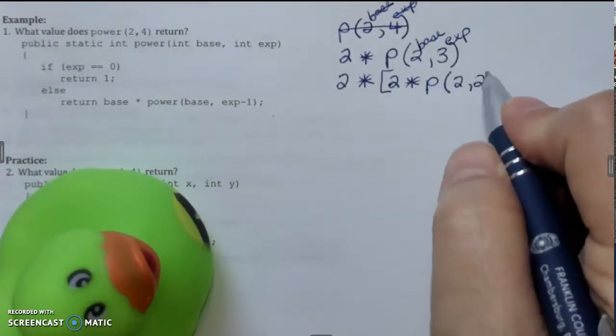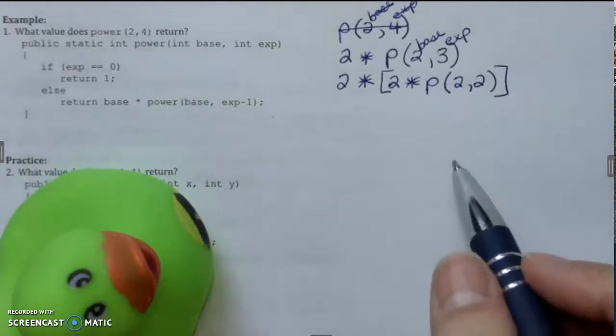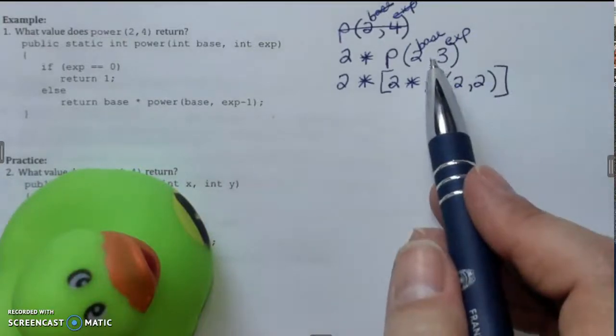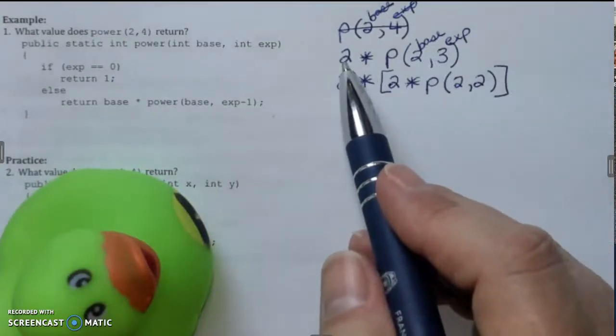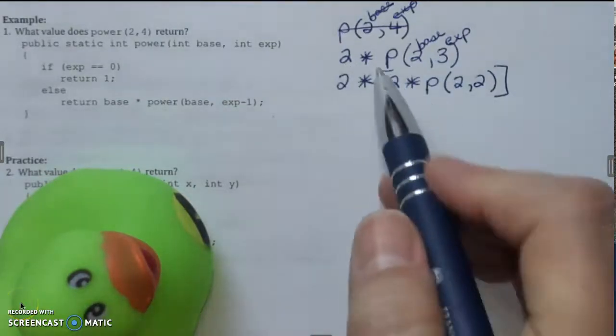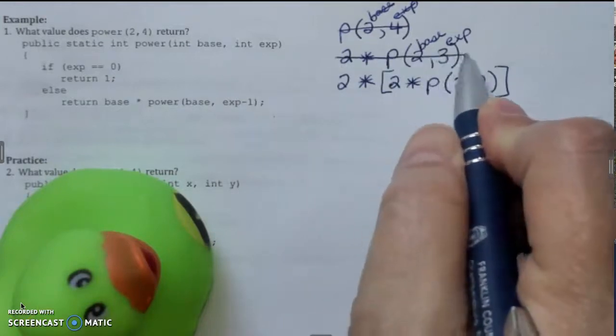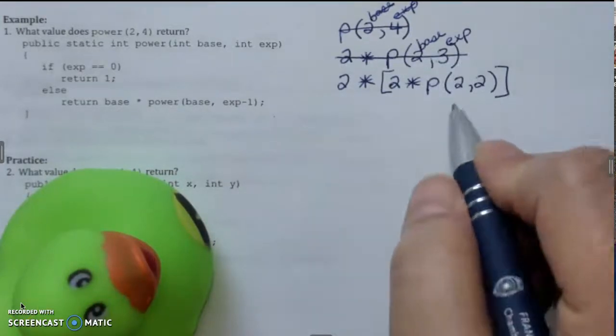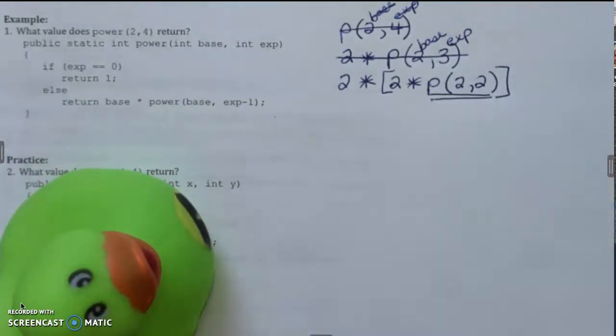So 3 minus 1 is 2. I figured this out, and I've got the 2 times rewritten. Now I need to figure out what this method call does.